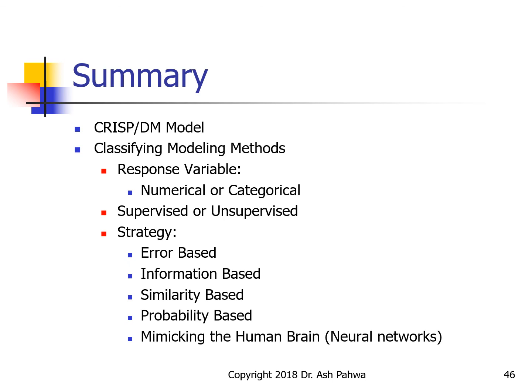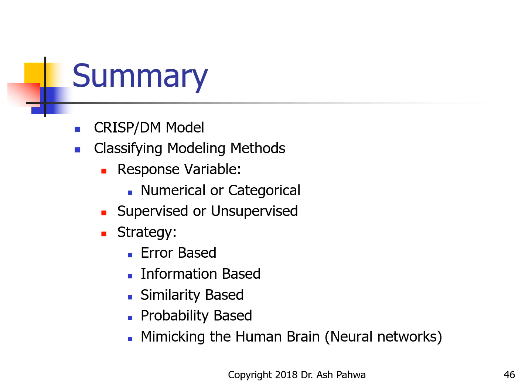So that is the end of this lesson. Let me summarize what we covered. We first covered the CRISP-DM model, which is just a procedure or very high level methodology to do a predictive analytics project. Then we looked into different modeling methods and divided them based on the response variable, whether they are supervised or unsupervised, and what kind of strategy they use.